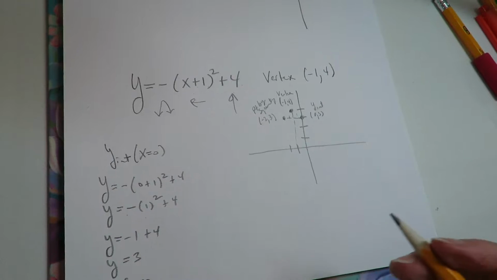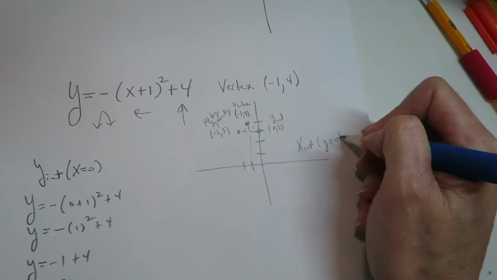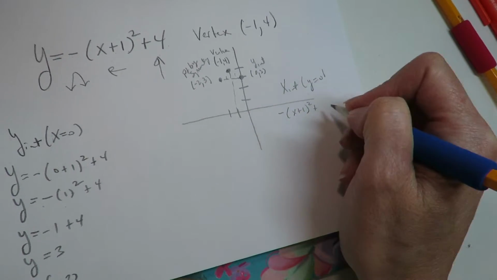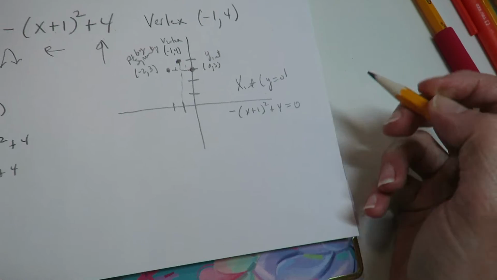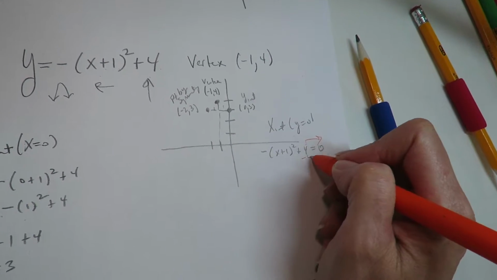All right, and let's now do the x-intercept. So now let y equal 0. I'll move the 4 to the other side.